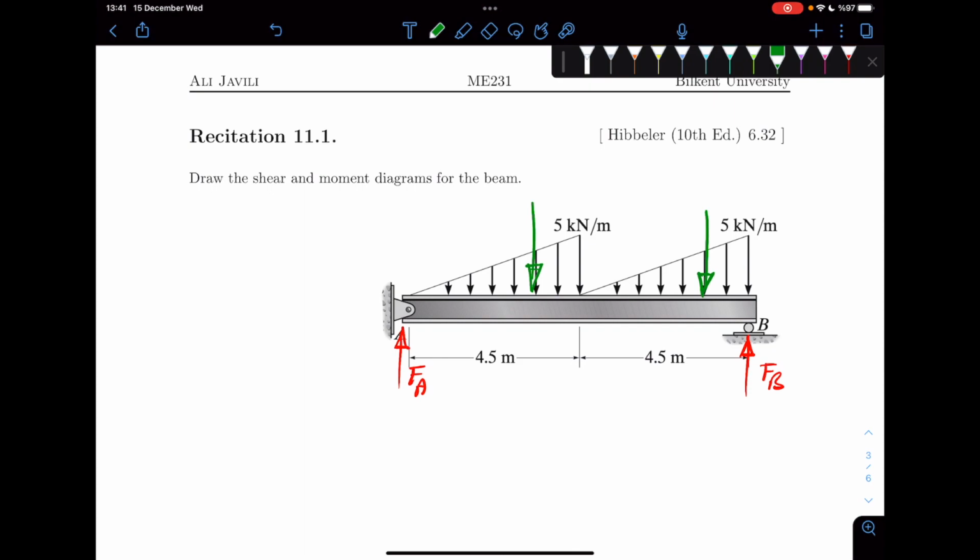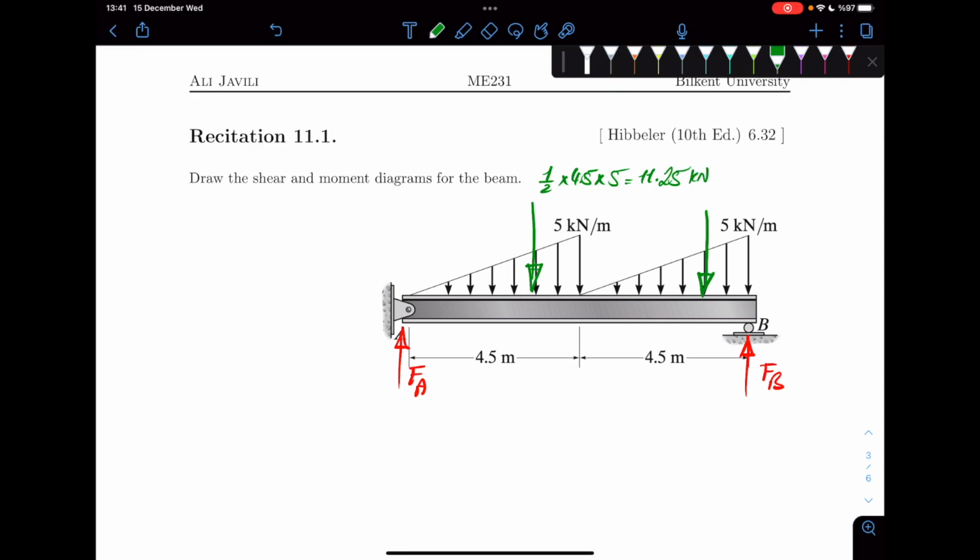Okay, so each of them would be the area of that triangle, that is 1/2 times 4.5 times 5, which is 11.25 kilonewton.